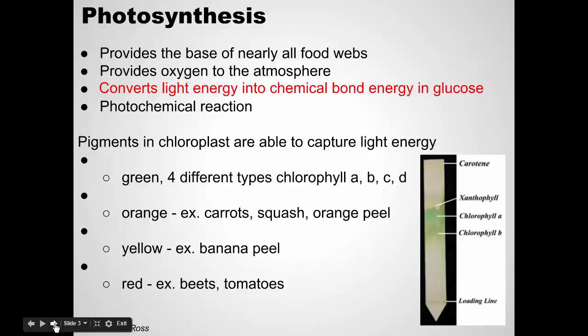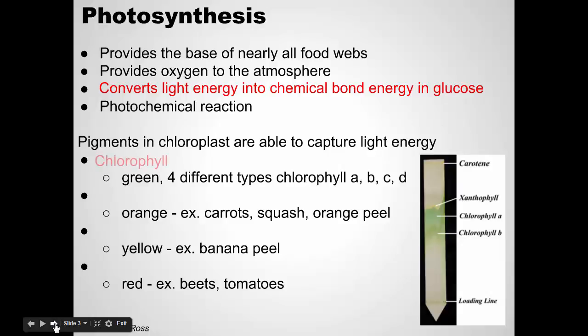And photosynthetic organisms have different pigments that allow them to capture the energy from light. Okay? What do we think of as the main pigment that allows plants to capture light energy? Chlorophyll. But there are others as well. There are other pigments besides chlorophyll, and there are multiple types of chlorophyll, all of which can capture light energy.